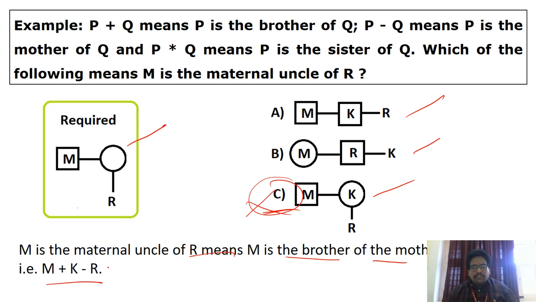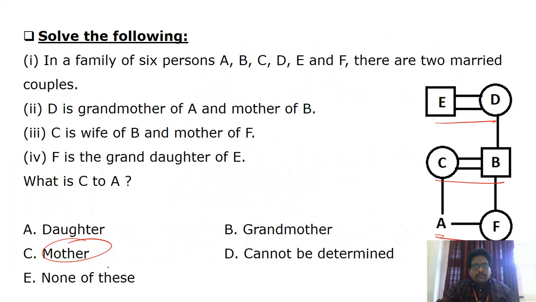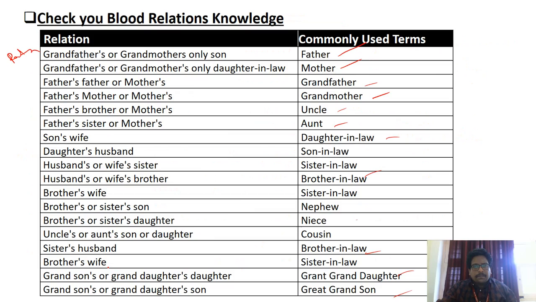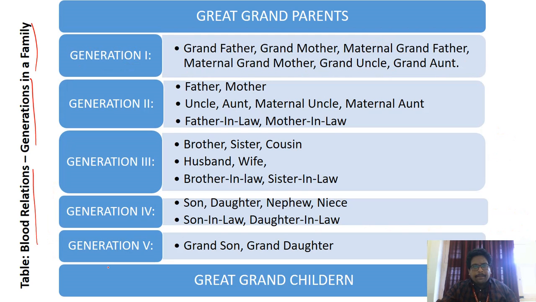If you want to have a summary, we started our discussion with a few tips in blood relation. Then we moved on to the relations we have in our family, and we discussed a lot of generations. In the generations, we discussed the relationships, what they mean, and how they are related to you.